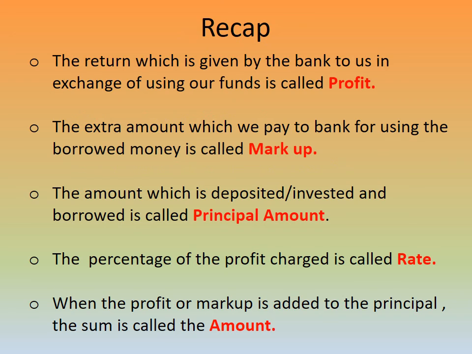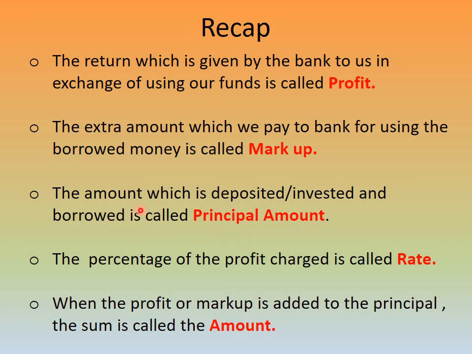But first of all, we will do a recap of last week's lesson. What is profit? The return which is given by the bank to us in exchange of using our funds is called profit. The extra amount which we pay to the bank for using the borrowed money is called markup.